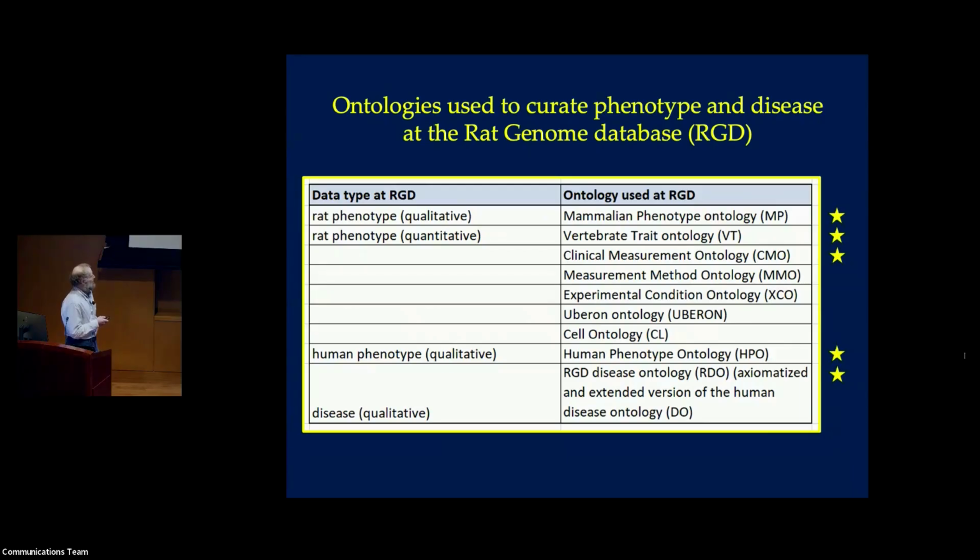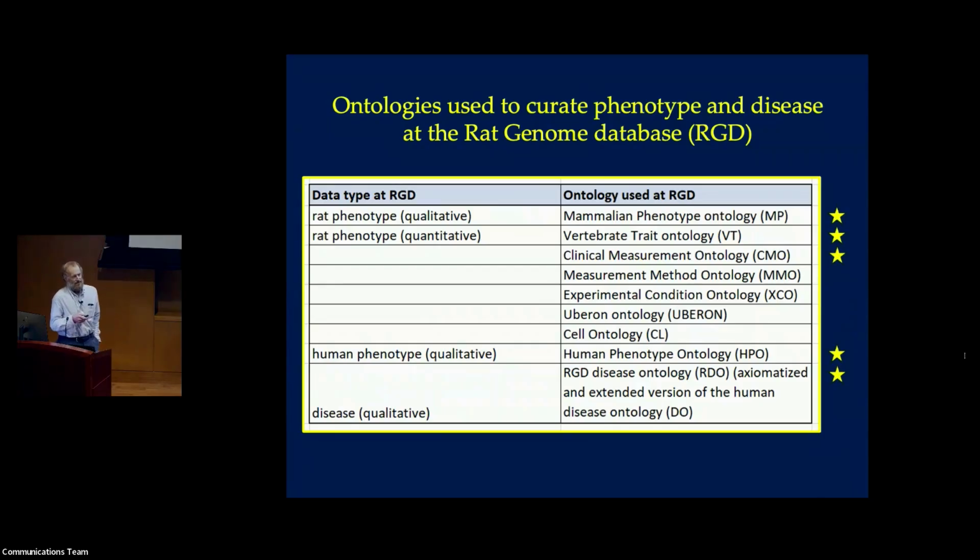For human phenotype data, we use the human phenotype ontology. So that would be our manual annotations, the human genes for phenotype. And the last on the list is qualitative disease annotations. And at RGD, we do disease annotations with the RDO, which is a disease ontology that is an axiomatized and extended version of the human disease ontology, which is DO.